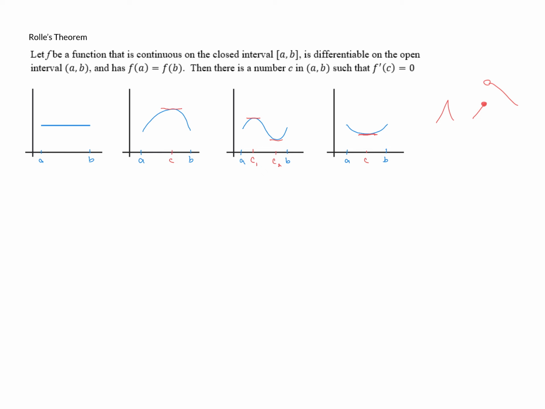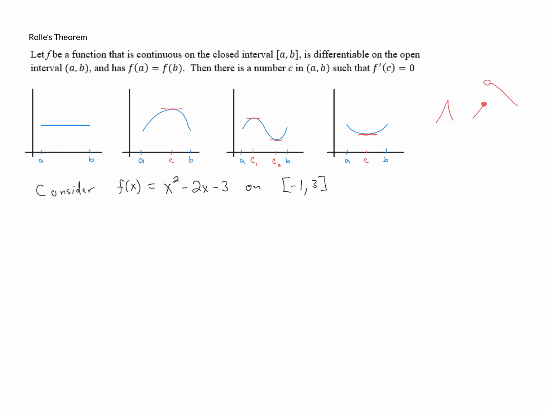Let's verify that this is true for an example. Let's consider a function, specifically f of x equals x squared minus 2x minus 3 on the interval from -1 to 3.